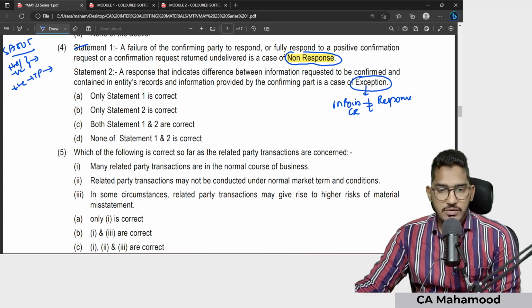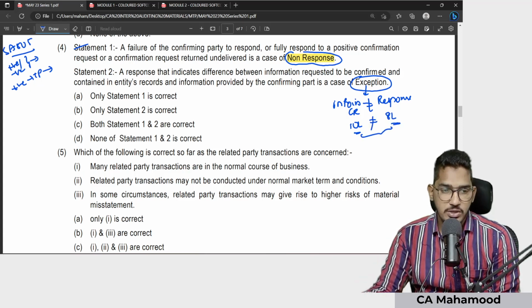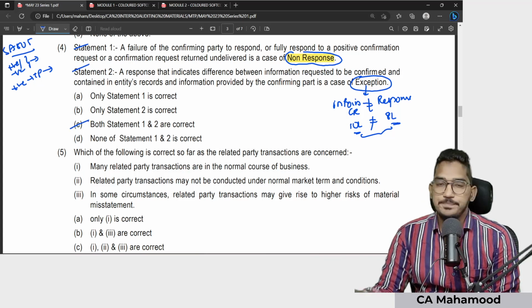Like in the confirmation request, we asked the third party to confirm whether he is required to pay 10 lakh rupees. But the third party has responded that no, he is not required to pay 10 lakhs, he is required to pay only 8 lakh rupees. This difference we call an exception. So what is the correct answer here? Both the statements are correct.